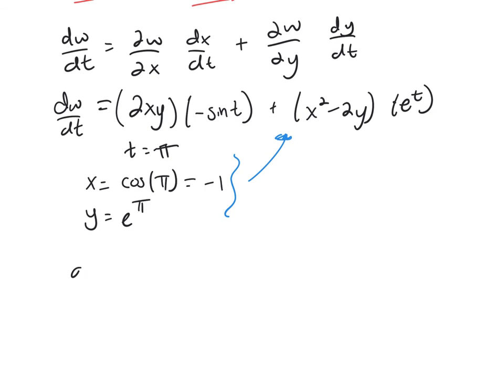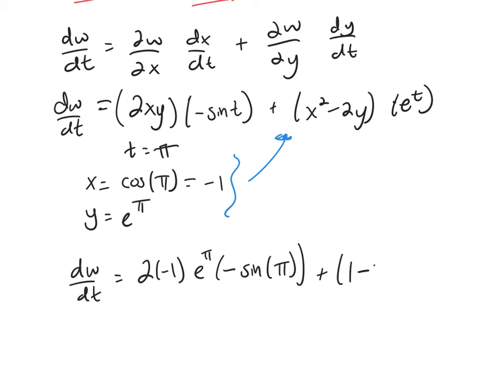So dw dt will be 2 times -1 times e to the pi times minus sine of pi, plus -1 squared is 1 minus 2 e to the pi times e to the pi.